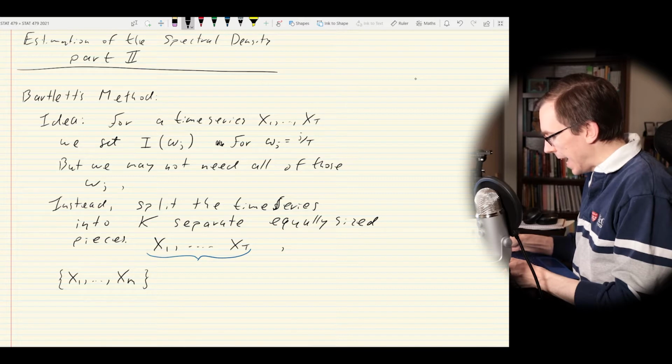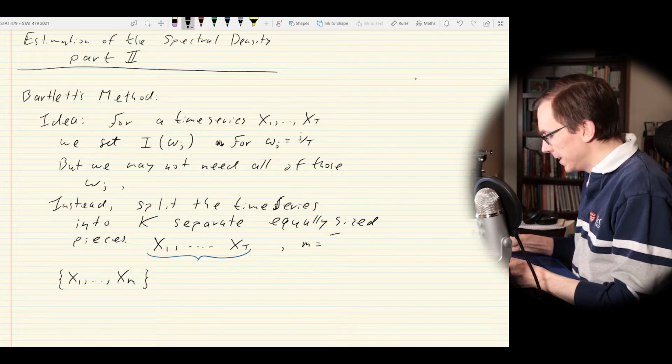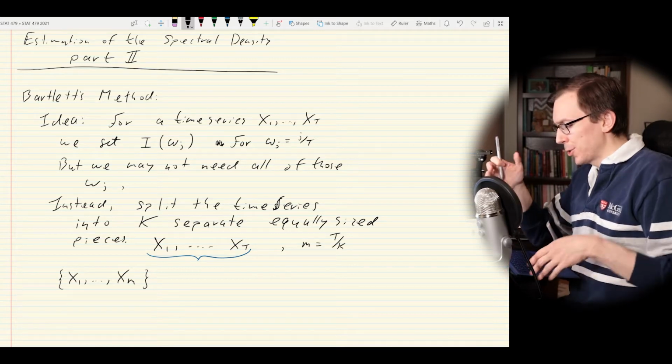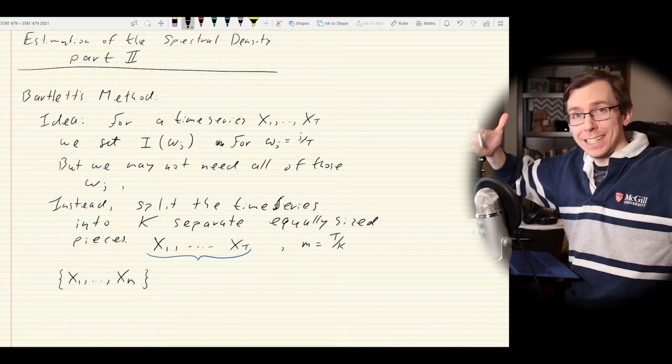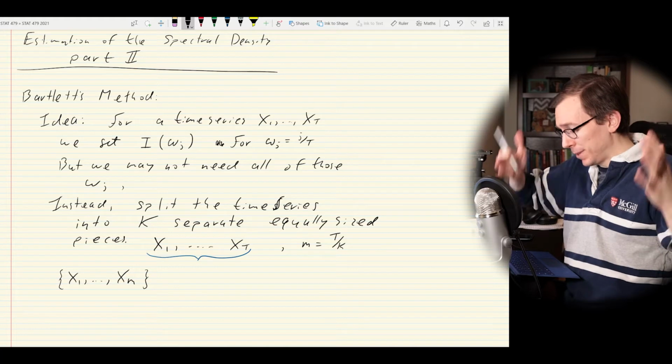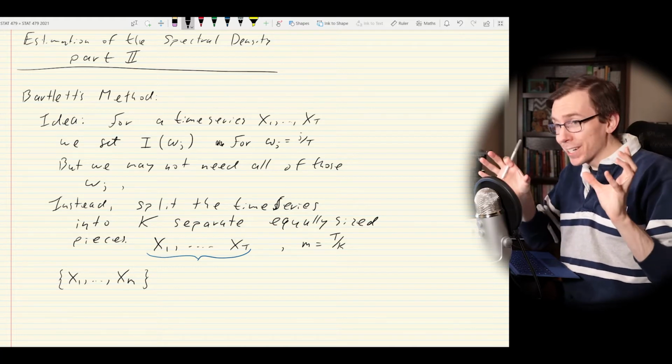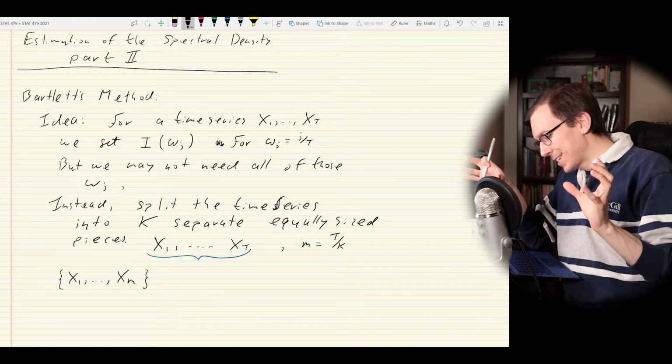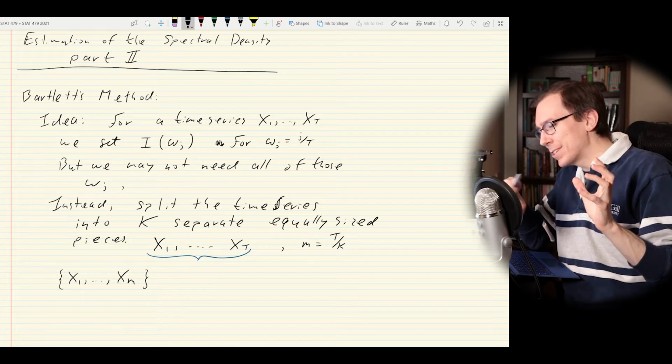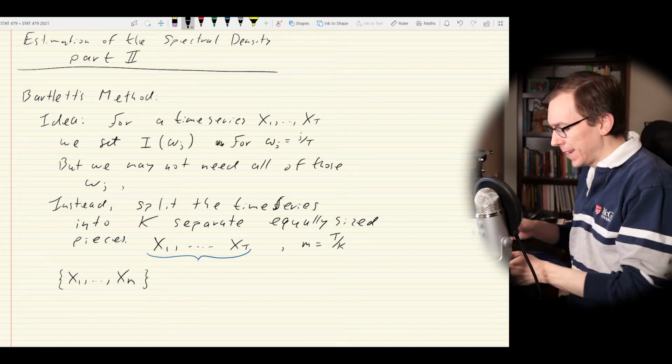We're going to define m to be the length, which is going to be T divided by k. So what I'm doing is taking my big T data points and splitting them into k chunks, and each of those chunks is going to have m observations in it.